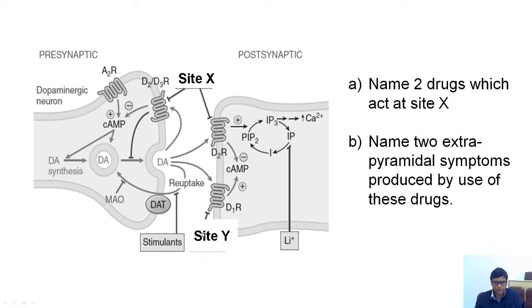And okay, so what will be the answer if it would have been asking about the drug acting through site Y, which is your DAT transporter. This is the one major difference between adrenergic or sympathomimetic and parasympathomimetic neurotransmission.